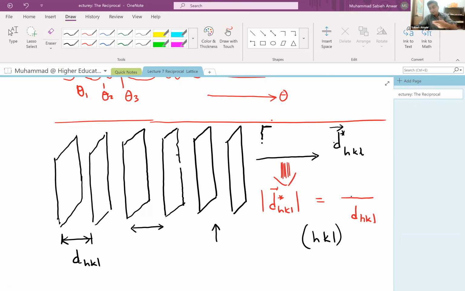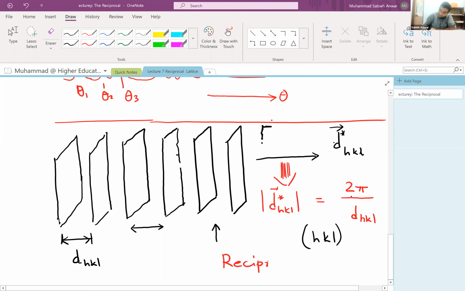And you need to put in a certain constant of proportionality at the top. Physicists and crystallographers disagree a little bit, but I would put the value 2π here, in keeping with many physicists. Some textbooks would just put 1 here. So I'm using this convention that the length of this vector is 2π over d_{HKL}. I'm calling this vector a reciprocal vector for obvious reasons.